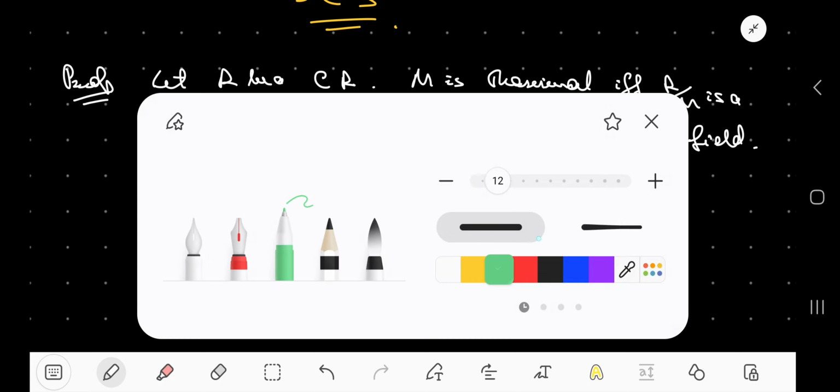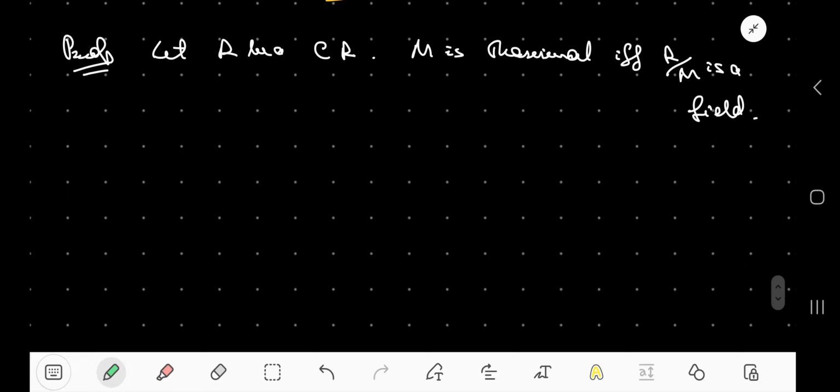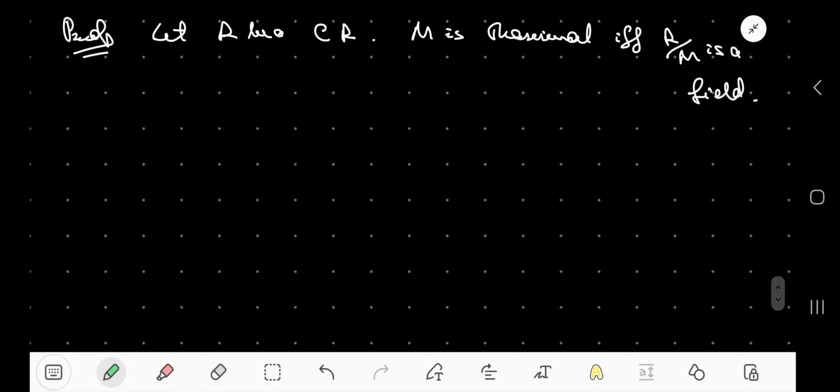How do we prove this? Now proving this is fairly simple, because if you recall the isomorphism theorems, then we had said that if I consider any arbitrary quotient ring, then the ideals of R mod I have a one-to-one correspondence to the ideals of R containing I, right? That's quite a trivial notion, right?